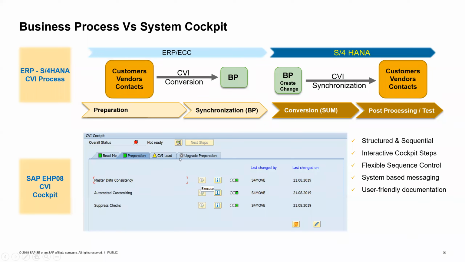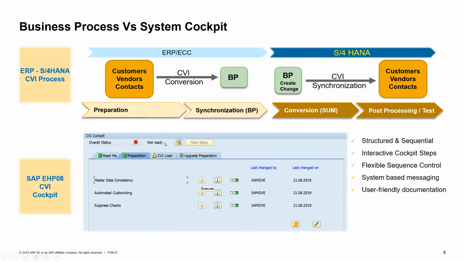There'll be an overall status, as you can see over here, at the head, which at any given point of time during the lifetime of the BP synchronization will tell you whether your BP synchronization activity has been fully completed for your landscape or not, which essentially means you cannot have any customer or vendor record which is not synchronized to a business partner.